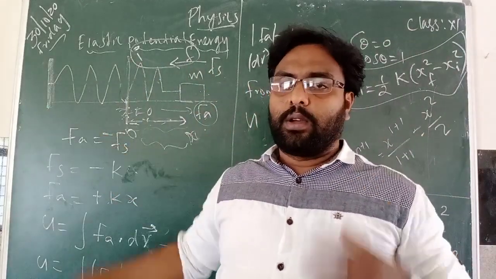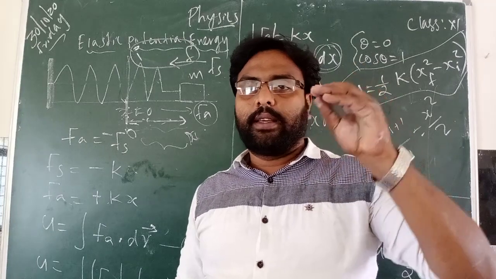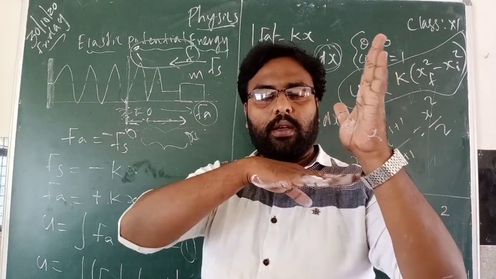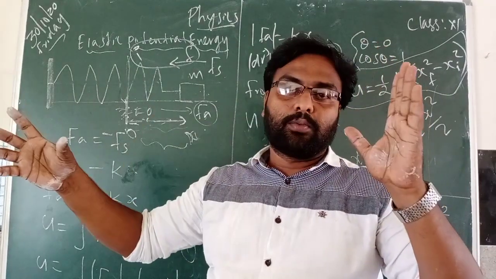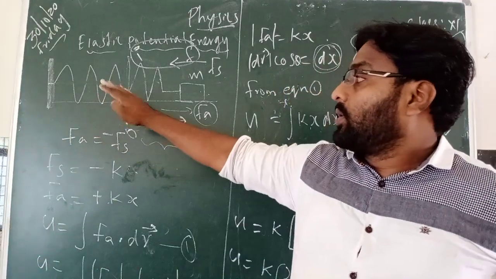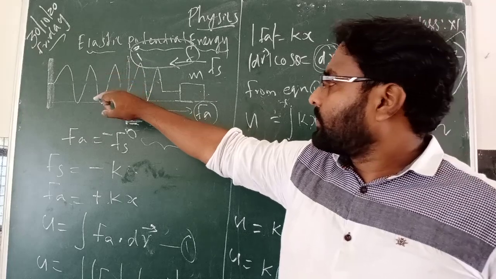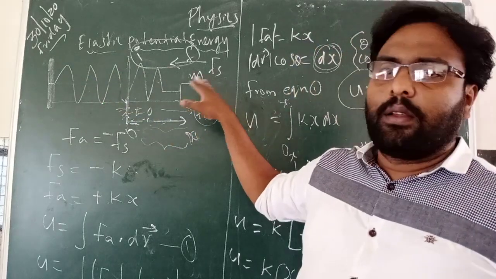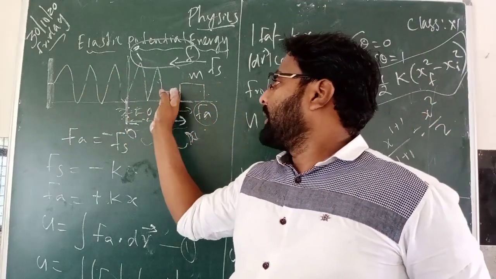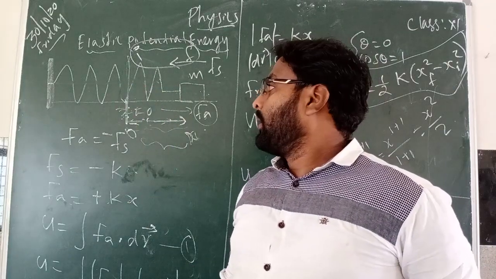Then explain. How you can explain? You see, just a vertical wall, a horizontal table, a mass is moving with a spring. So consider a spring mass system, where a mass is kept on a table and attached to a spring.